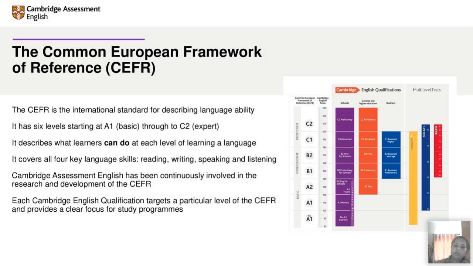At A2 there is another particular Cambridge qualification. So you can see that there is a pre-A1 qualification right at the bottom, and then there is A1, A2, B1, B2, C1, and C2. The C2 is the expert level certification one can obtain for the English language from Cambridge English Assessment.